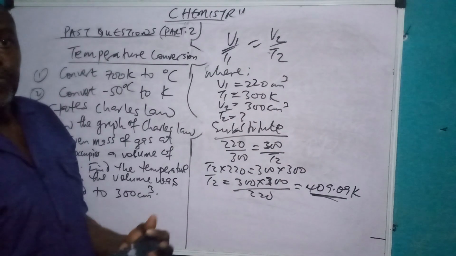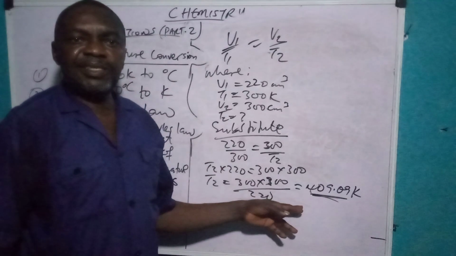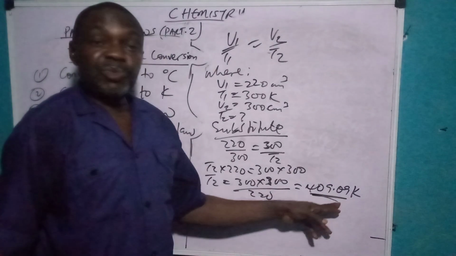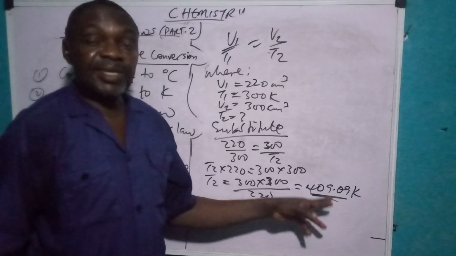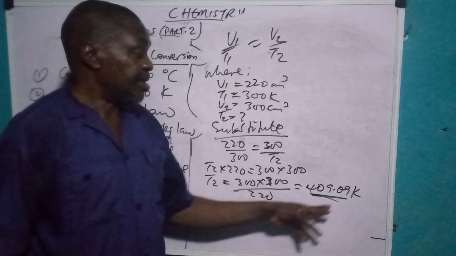Sometimes they may tell you to express your answer in degrees Celsius. You just remove 273, but that is very rare, because the SI unit to use for measurement now is the Kelvin.